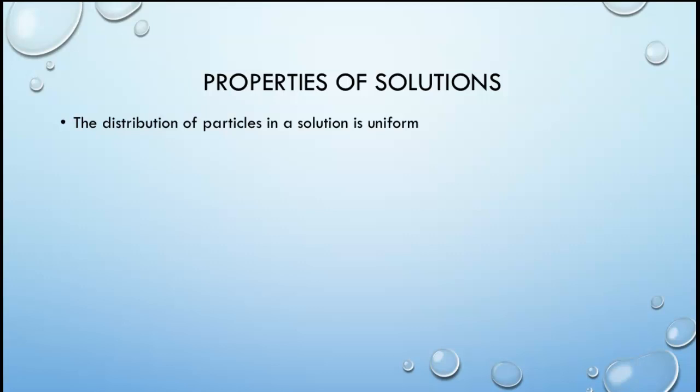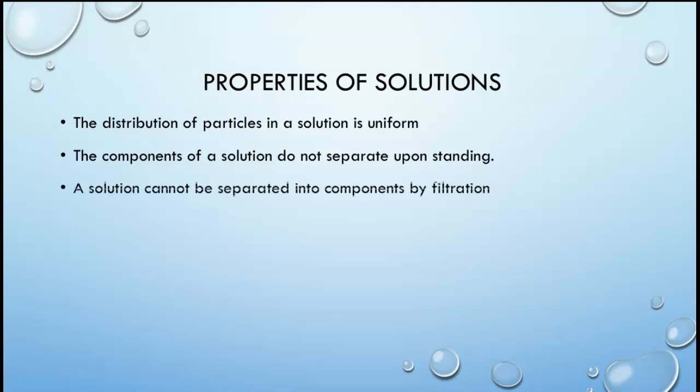It's a mixture with a uniform composition, down to the molecular level. The second property is that the components do not separate upon standing. Once you combine the solute and the solvent, they don't separate. They don't settle out. The particles do not settle out.